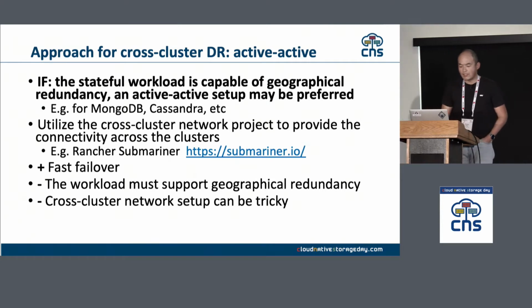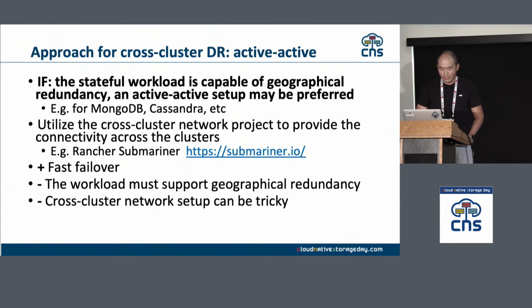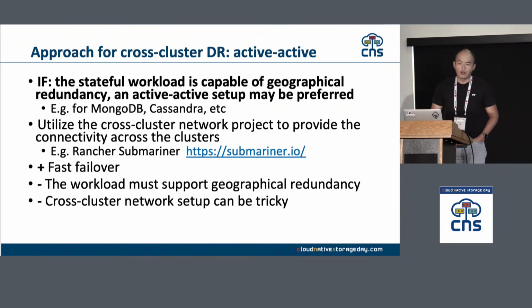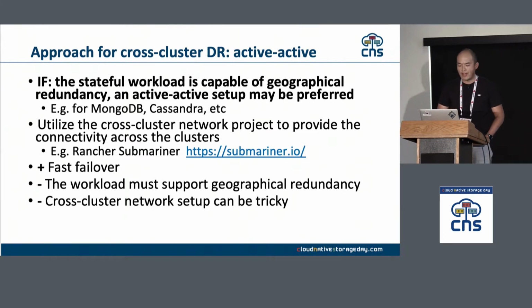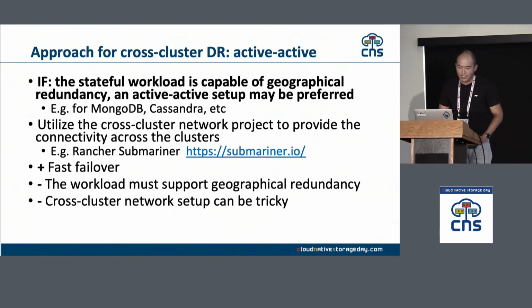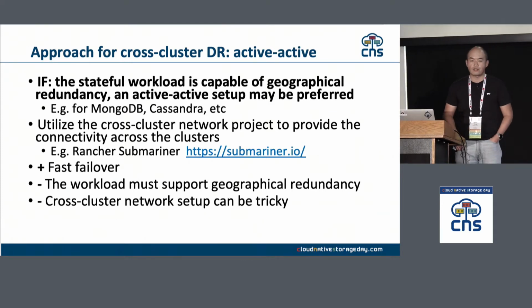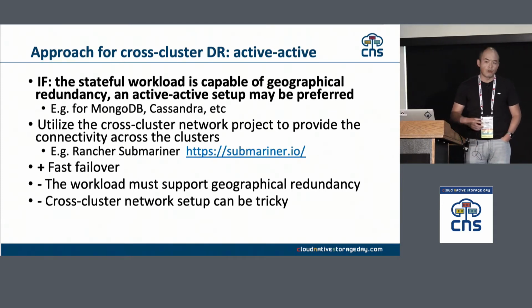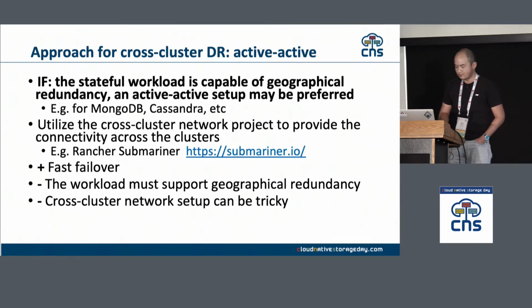Like MongoDB and Cassandra, they do have this kind of support, at least in their commercial versions. In Kubernetes, you can choose to program your own network endpoint, or you can use some software project to provide the connectivity across the clusters. For example, Rancher Submariner. Submariner is the new project Rancher just created, and it connects two or multiple Kubernetes clusters and makes the pods inside them able to access others' IPs and services, even in different regions.